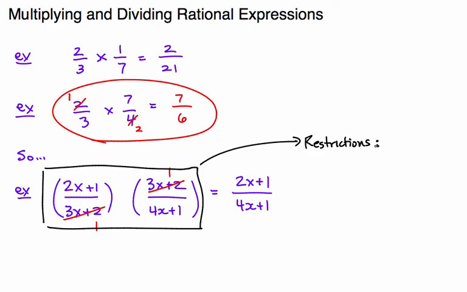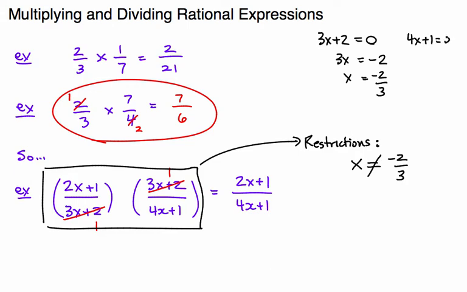Now, if you were asking what are the restrictions on this entire question, the restrictions are when any part of the denominator is equal to 0. So on the first denominator, make it equal to 0 and then solve it. So one thing that x is not allowed to be is -2/3, because if it's -2/3, that first fraction will be division by 0 and will be undefined. And then the second fraction also has a restriction.